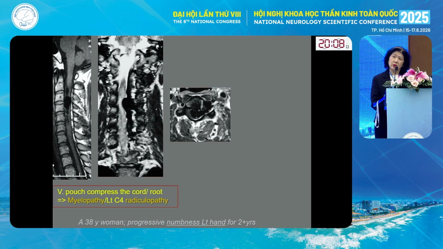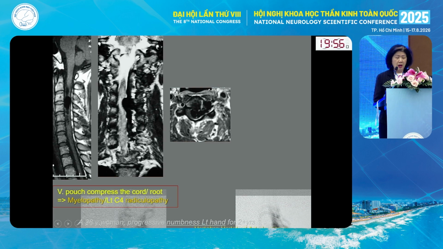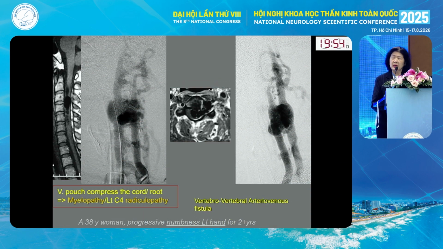This is an example of a venous pouch compressing the cord. You can see the big venous pouch and myelopathy there. If you do an angiogram, this is the lesion called vertebral arteriovenous fistula. It's in the group of paraspinal epidural shunt.